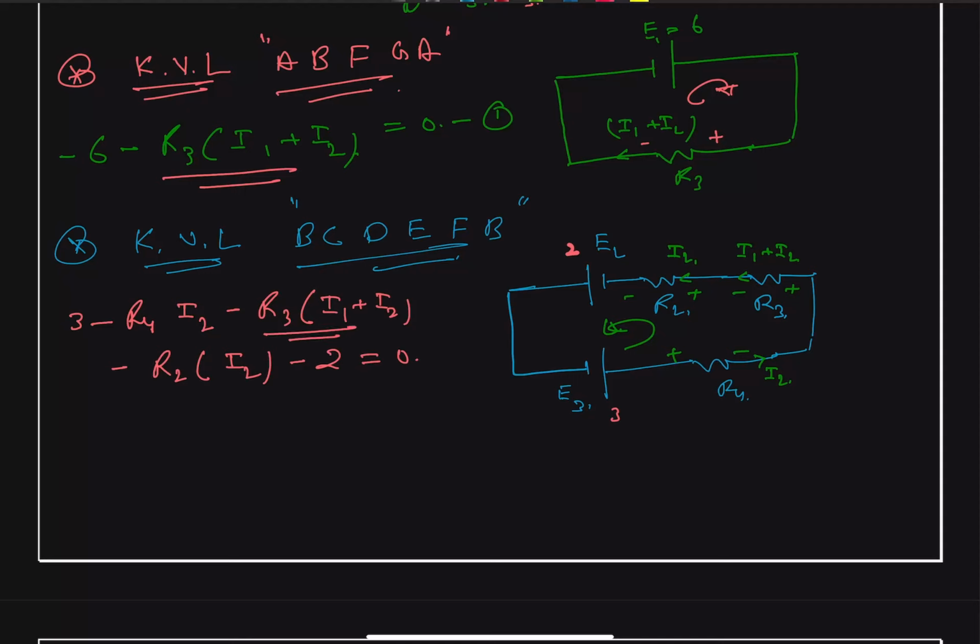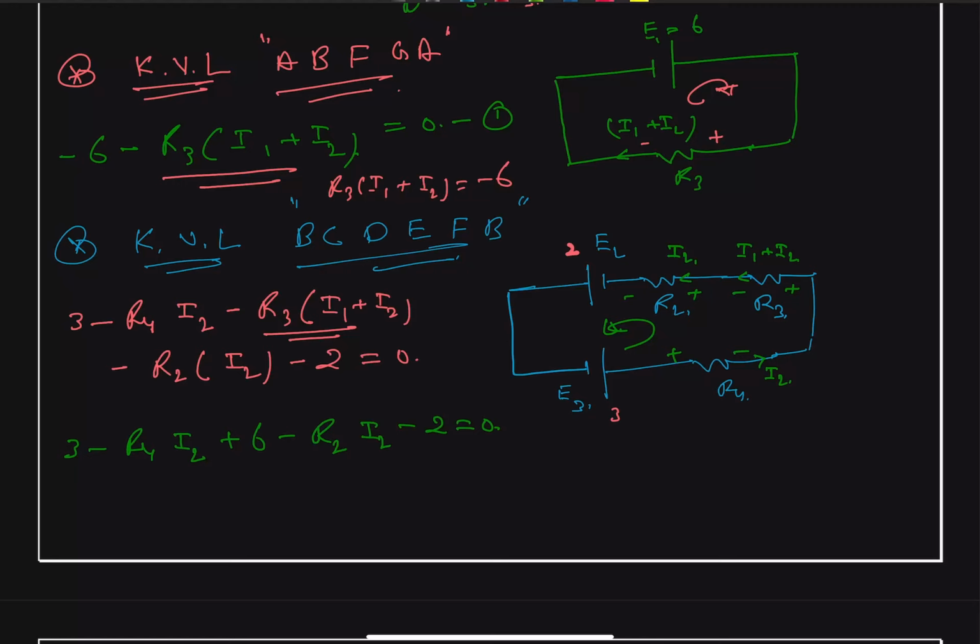So from here we can get that R3 (I1 plus I2) will be equal to minus of 6. So we substitute it, we get this as 3 minus R4 I2, this comes as plus of 6 minus of R2 I2 minus of 2 is equal to 0.